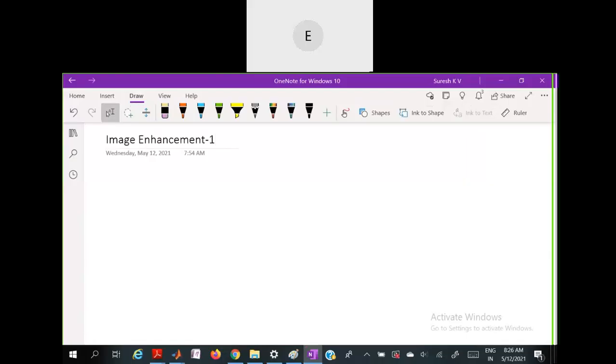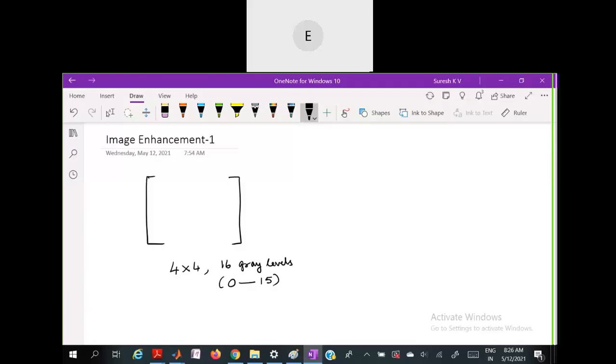Now let us take an image. Maybe I'll just take a 4x4 image, and I'll assume that there are 16 gray levels here. So 16 gray levels means you can have anywhere between 0 to 15 as the entry in the image.